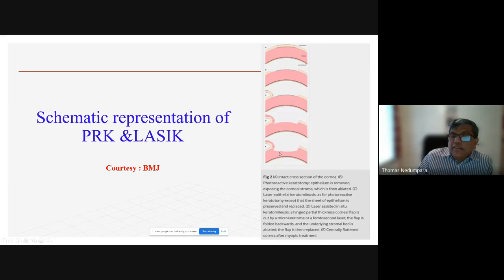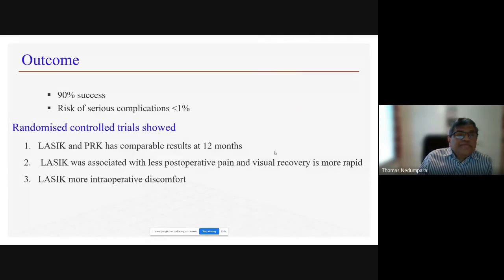And then this is a case of myopia where you have ablated a part of the surface of the cornea with the excimer laser. So 90% success rate with the keratoplasty, and the risk of complications is less than 1%. So both these procedures, LASIK and keratoplasty, give good results.